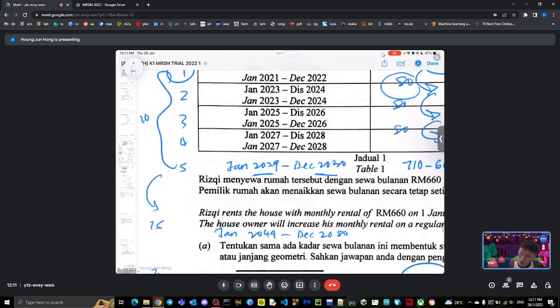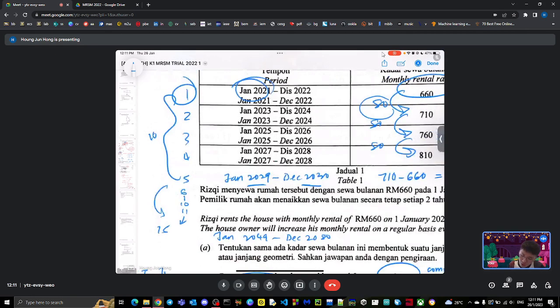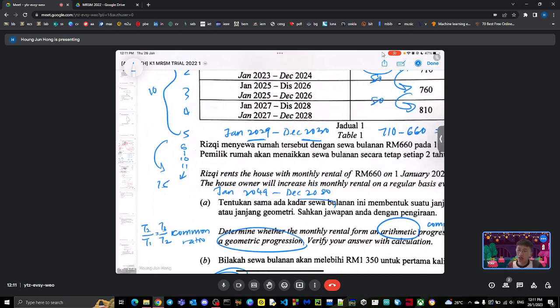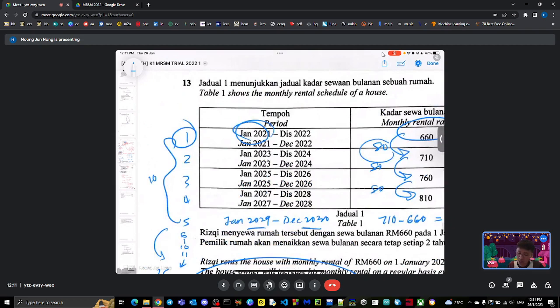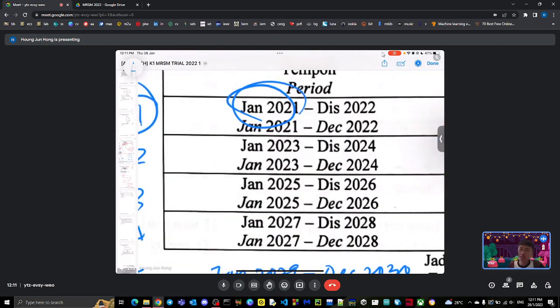Now you have 1 to 5, then 6 to 10, and then 11 to 15. Altogether, it should pass 30 years, so from 2021 to this, it will be 30 years. So the answer is January 2049 to December 2050. Make sure you follow this format, because this is how the question addresses all of the terms here. It's in the form of January of the first year to December of the second year.